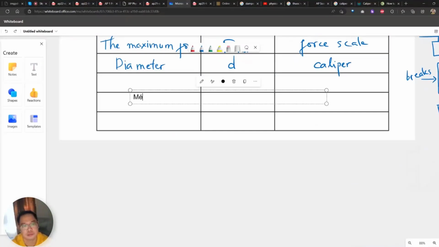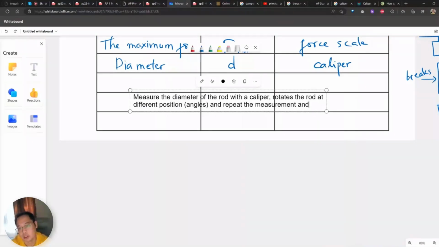Measure the diameter of the rod with a caliper. Rotate the rod at different positions or angles, and repeat the measurement and take the average value of the diameter.